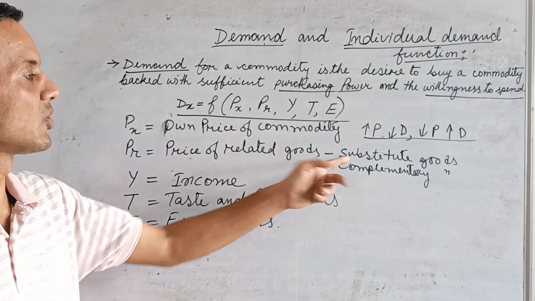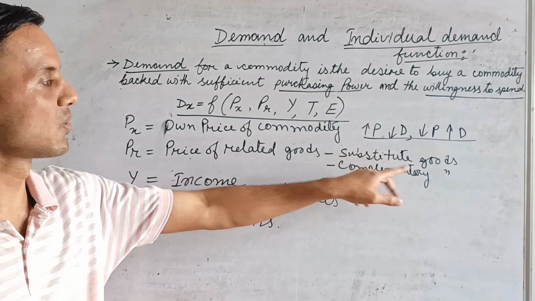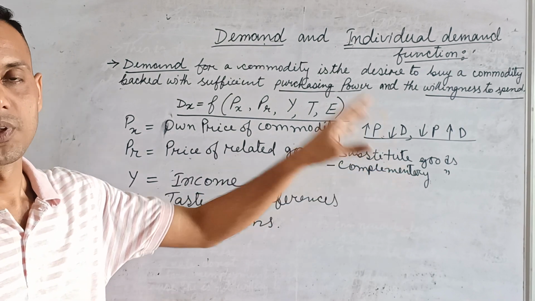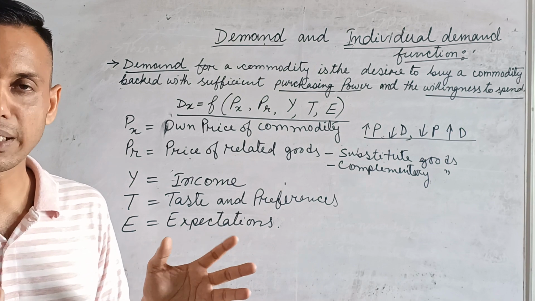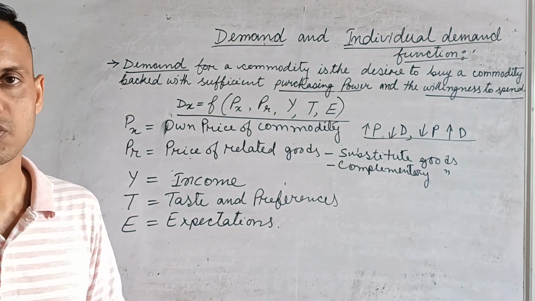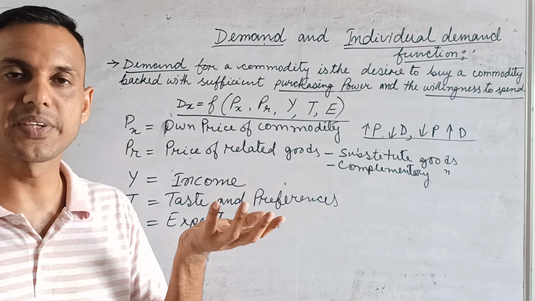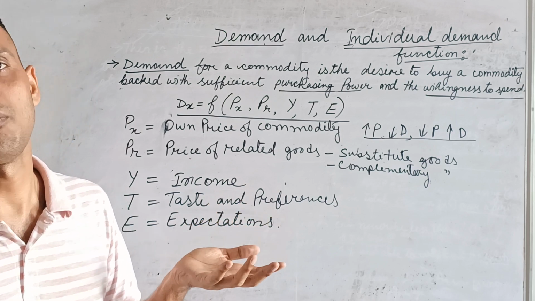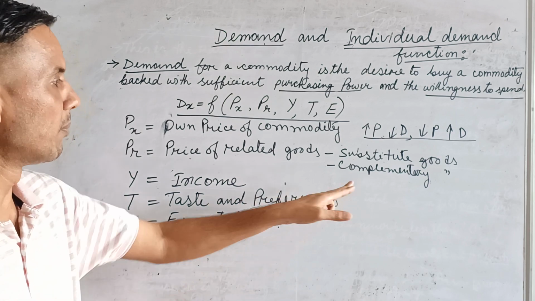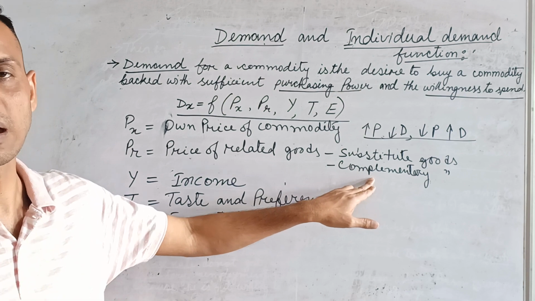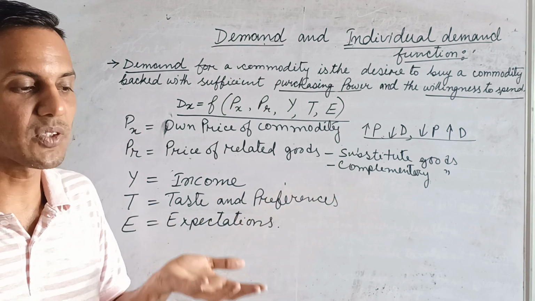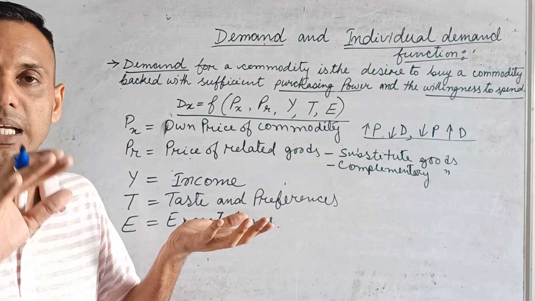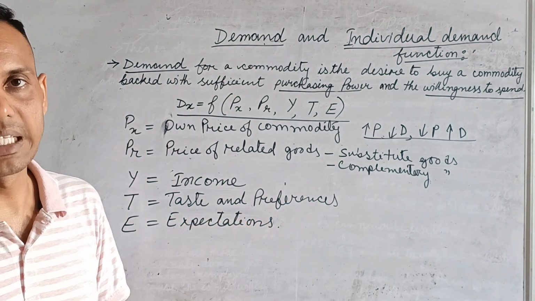Price of related goods has two types, substitute and complementary goods. Substitute goods can replace another product, so if the price of tea increases, people will go for coffee. Complementary goods are used together, like car and petrol, so when the price of car increases, the demand for petrol decreases.